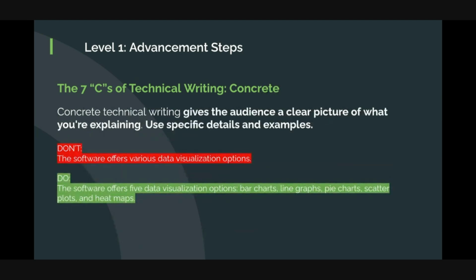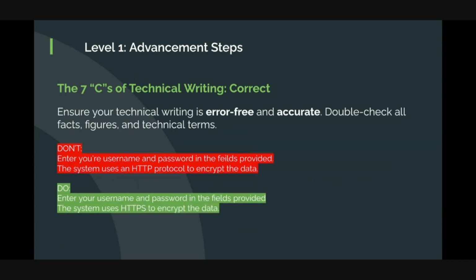And instead of vague expressions, you should aim to give the user a complete understanding of what's available, but also you need to remove ambiguity. And of course, technical documentation should be error-free and accurate, which means it shouldn't contain grammatical errors and also has to provide valid and accurate technical details.